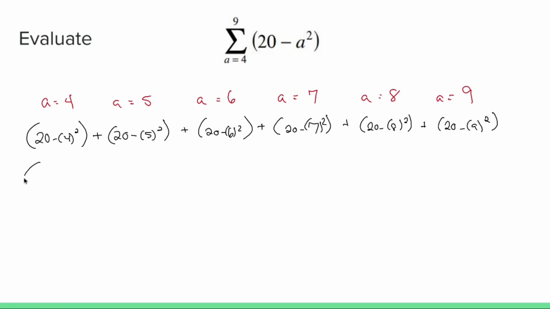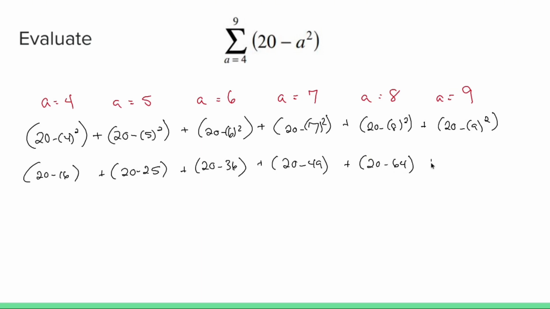All right, 20 minus 16 plus 20 minus 25 plus 20 minus 36 plus 20 minus 49 plus 20 minus 64 plus 20 minus 81.